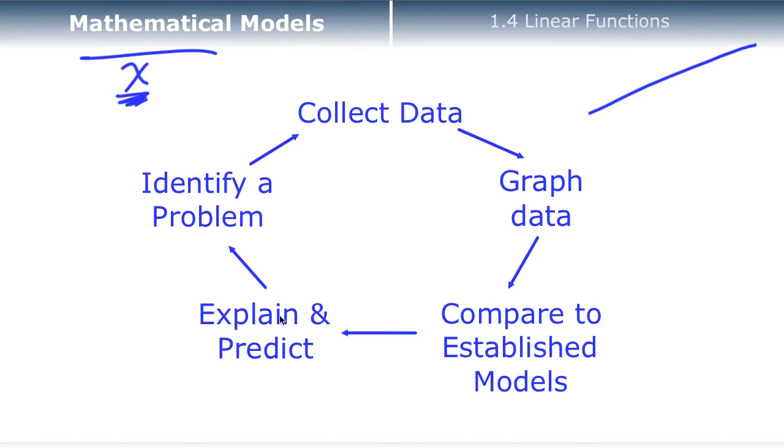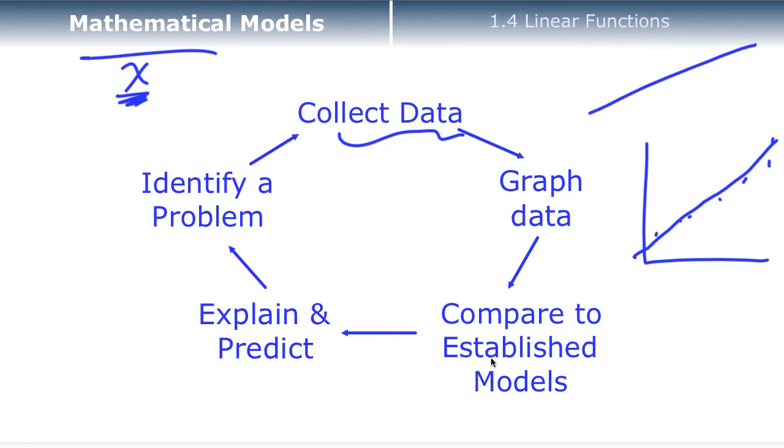Typically, this is a process that happens in real life: we collect some data, then we graph it. So here's a graph, and we'll graph our data, and then we try and compare it to an established model. One of the established models is a line. So this particular data here might approximate a straight line.